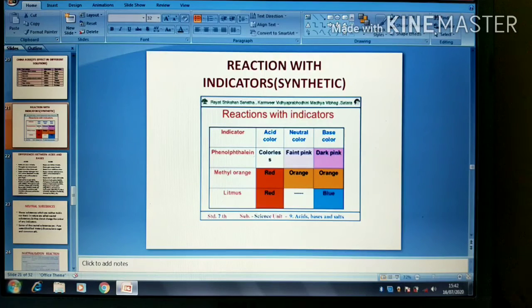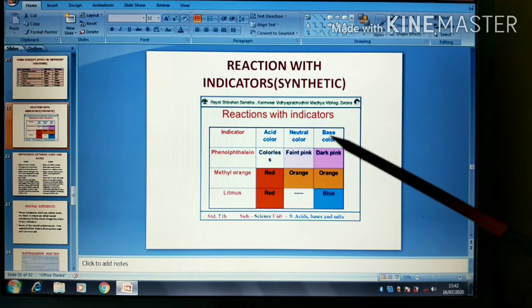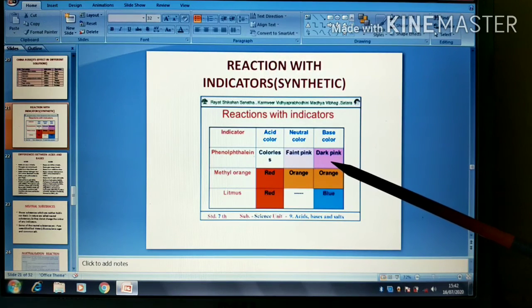Then coming to, in brief, reaction with synthetic or artificial indicators. For example, phenolphthalein is a synthetic indicator. In acid, it is colorless. In neutral solution, phenolphthalein becomes faint pink, and in basic solution it becomes dark pink.